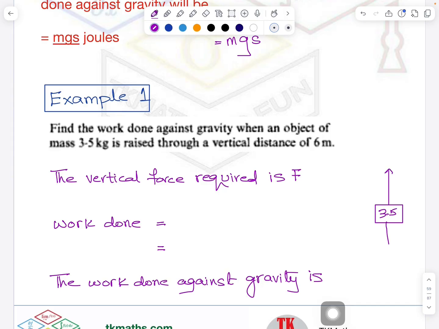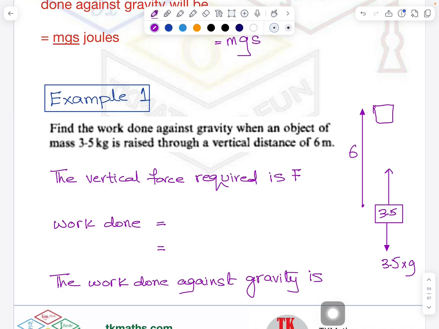Because it is 3.5 kg as written in the question, it will be 3.5 times g. G is the gravity, and in M1 it depends on the examination board. Some boards use 9.8 and some boards use 10. So accordingly, you will use the value of g. And this object has moved 6 meters up. It has come all the way till here.